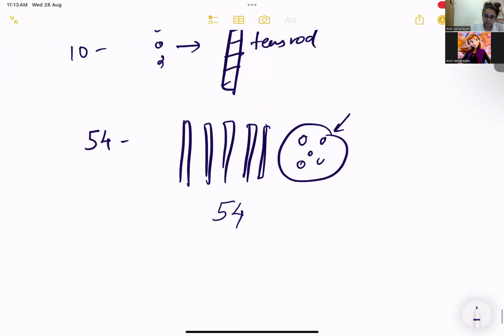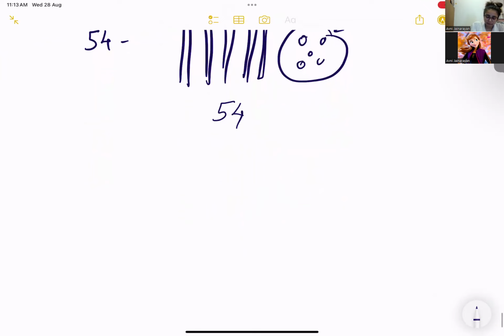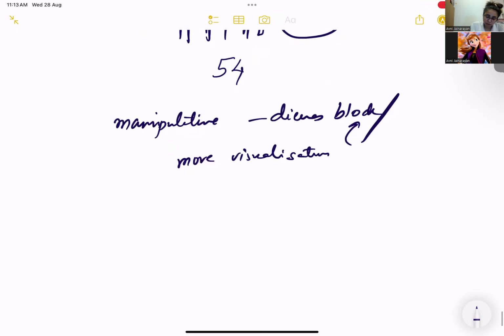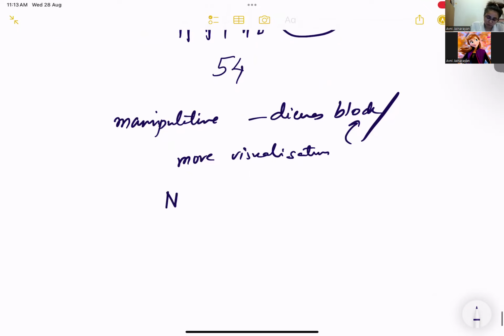So once a child is comfortable doing this, these are the manipulatives that I always talk about, which can be either Dienes blocks or, just to have more visualization, more sense of accomplishment in the child, you can use notes and coins.